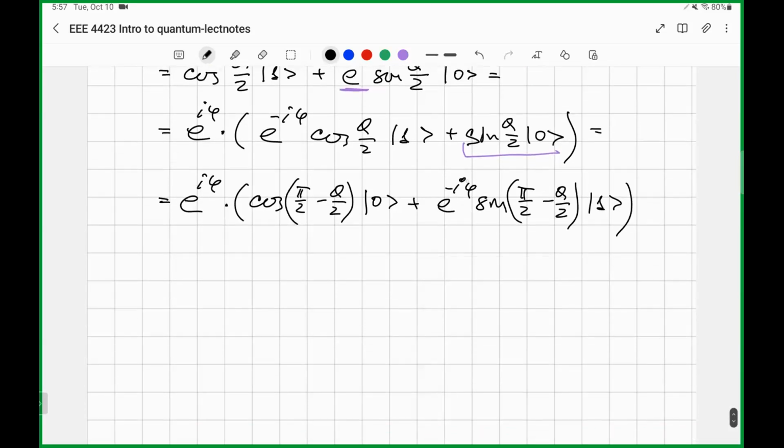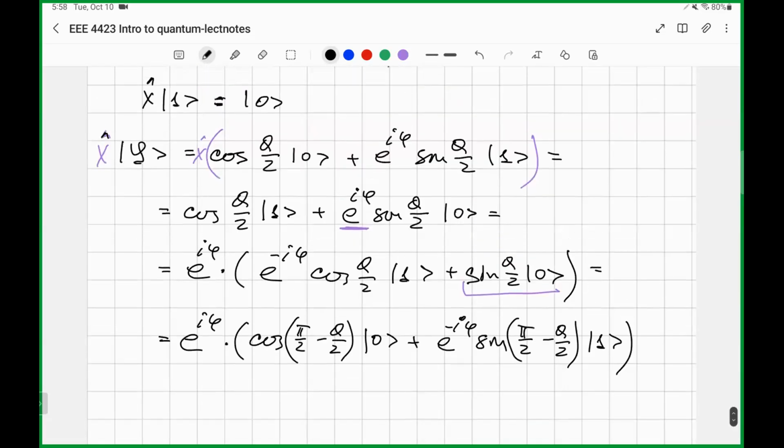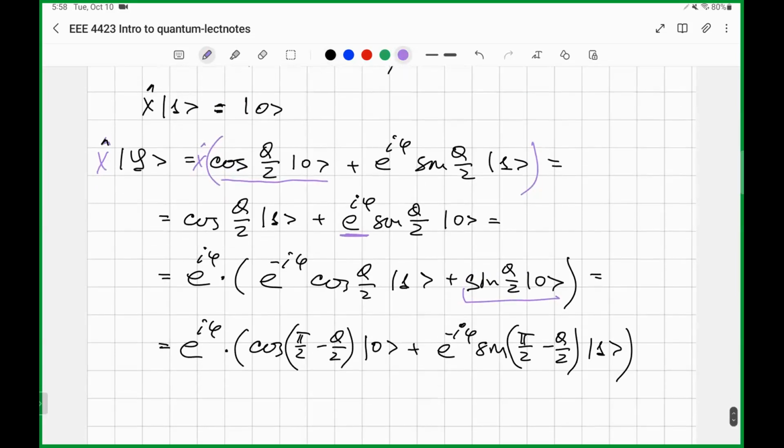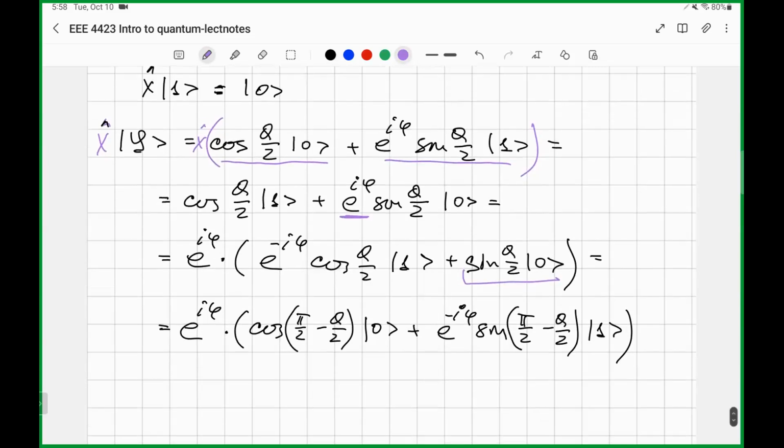Yeah, so as we can see, we started from the state given by cosine theta over 2 times state 0 plus exponential function i phi times sine state 1.